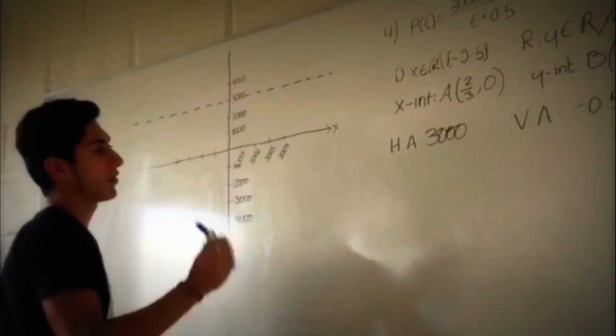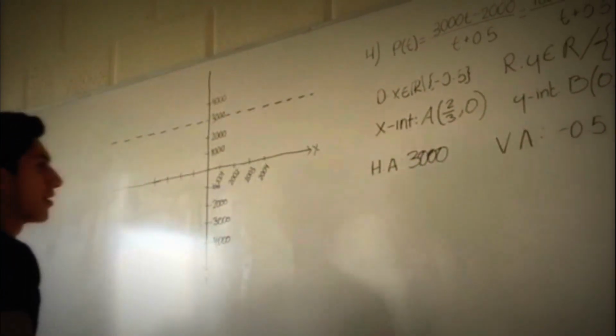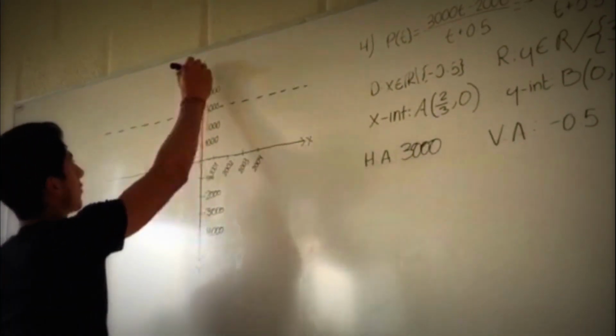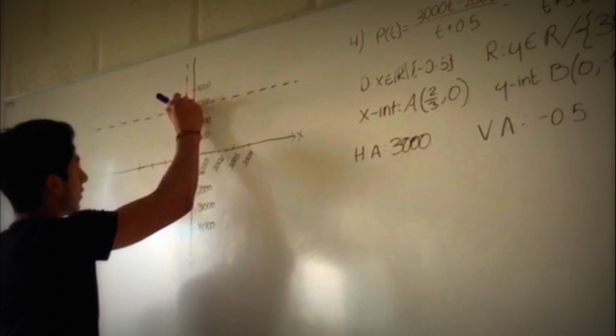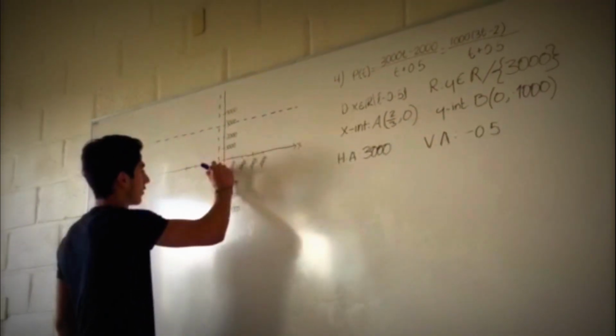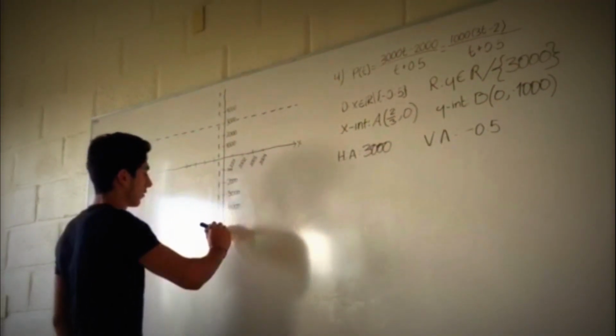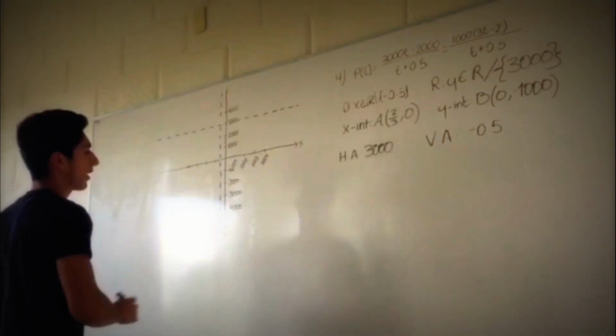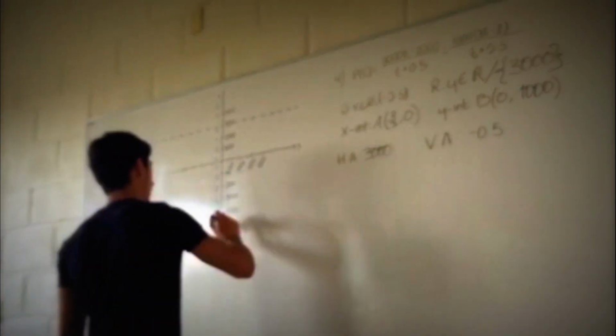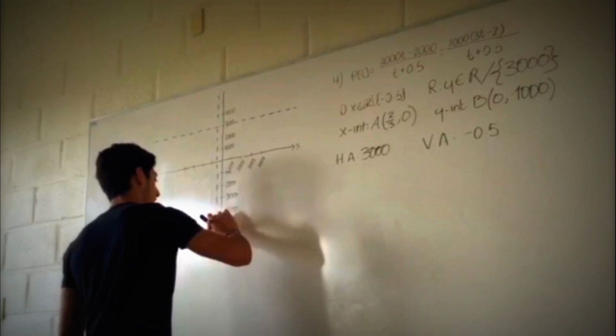Now, the vertical asymptote will be at minus 0.5, so it will be something like this. Okay, now given all this, the graph will look something like this.